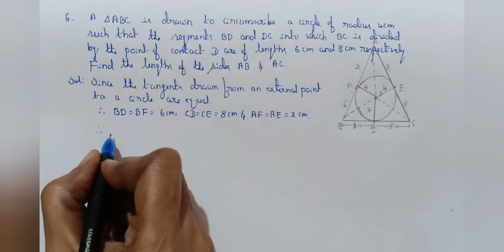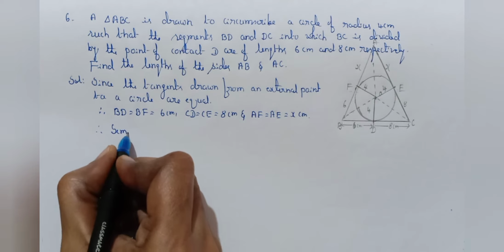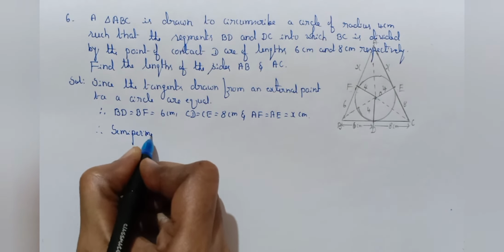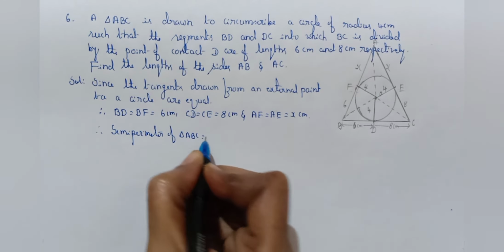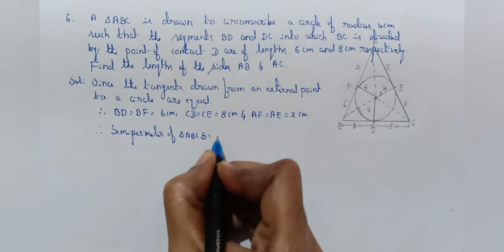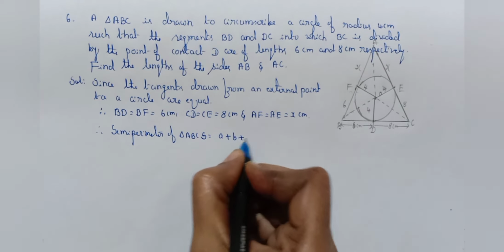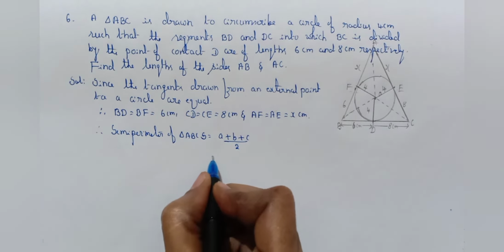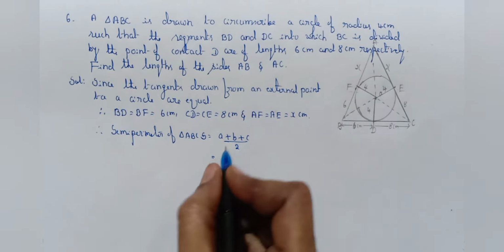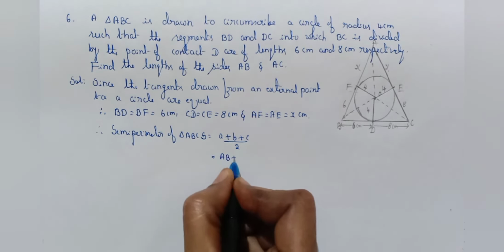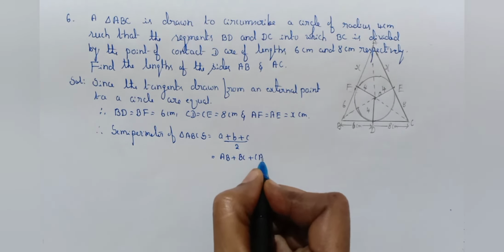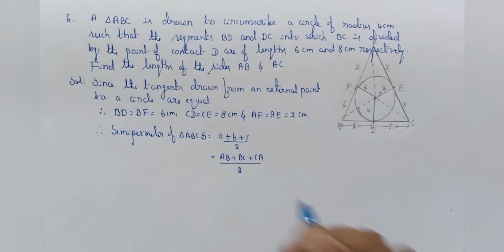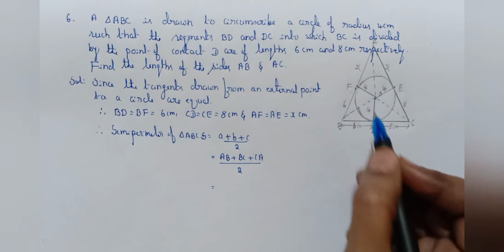Therefore, semi-perimeter of triangle ABC is equal to a plus b plus c by 2. Here, let the sides be AB, BC and CA. AB plus BC plus CA by 2. AB is x plus 6.